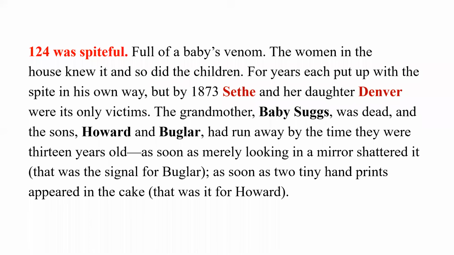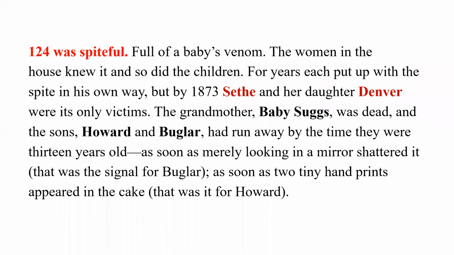That's all. So you have Sethe, who is inspired by Margaret Garner. Then the children: Denver, the daughter who is with Sethe, then her grandmother, Baby Suggs. Then you have 2 sons, Howard and Buglar.